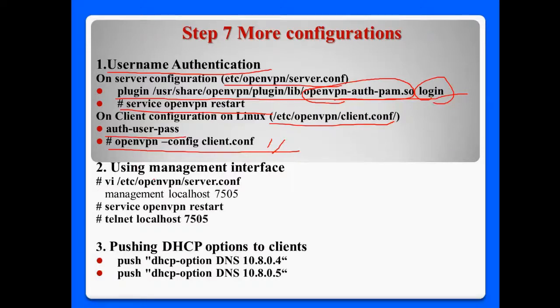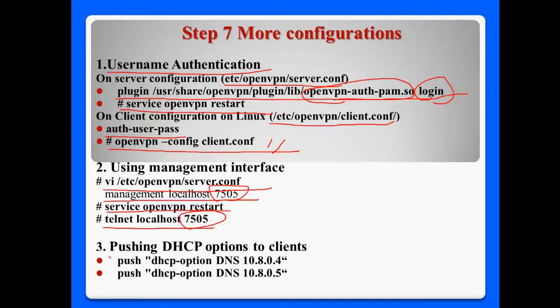Number 2, using the management interface. In the server file, we can add this kind of line: management localhost 7505. This is a port number, and after that, restart OpenVPN. If we access OpenVPN using this port with telnet to localhost, then we can access the VPN management.